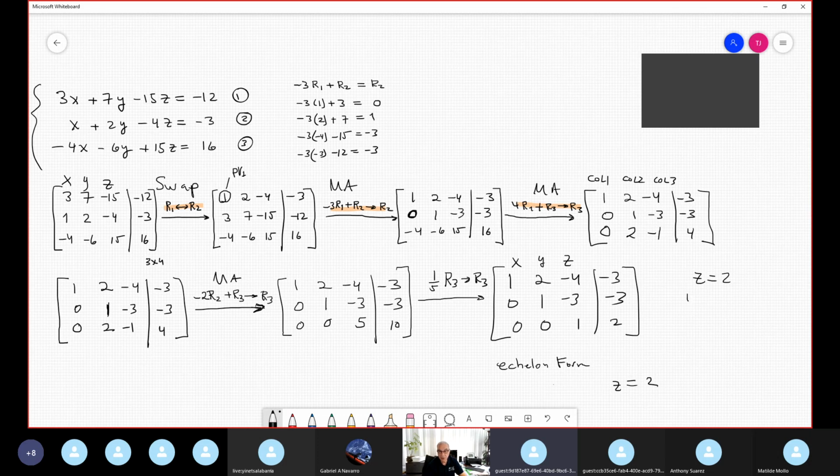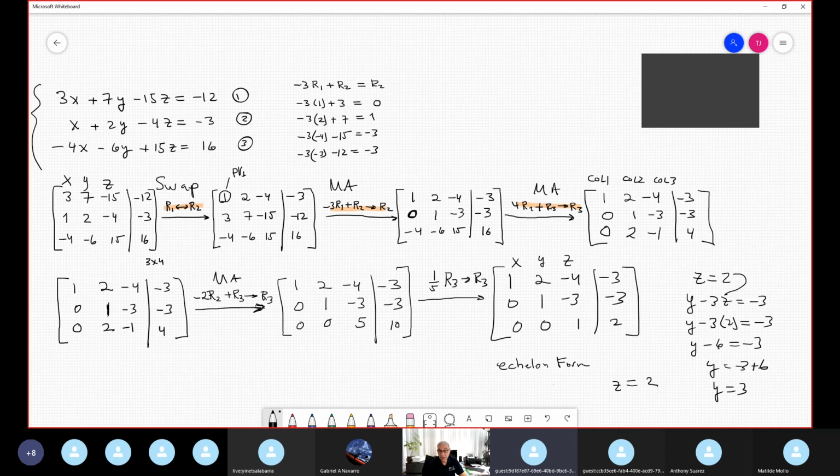And the second equation is y minus 3z equals minus 3. Substitute here: y minus 3 times 2 equals minus 3. y minus 6 equals minus 3. y equals minus 3 plus 6, so y equals 3.